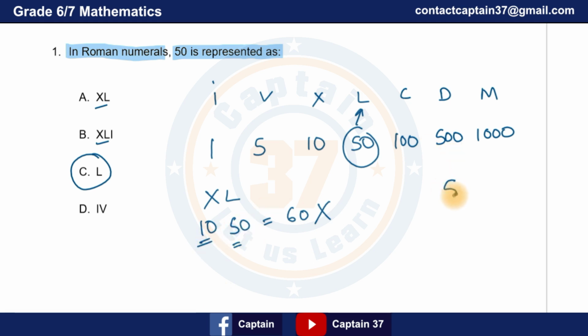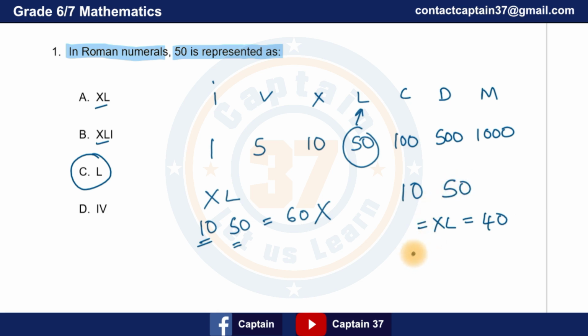In this case, 50 is bigger and 10 is smaller. 10 is on the left and 50 is on the right. So this in Roman numerals is written as XL, and this is equal to 40. You subtract this 10 from the 50.